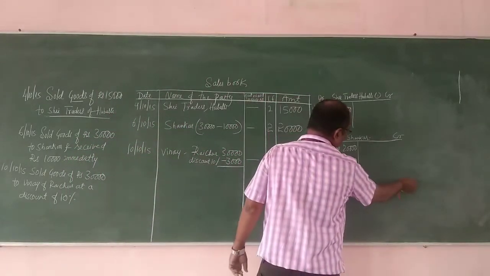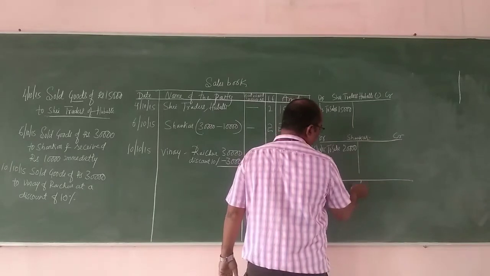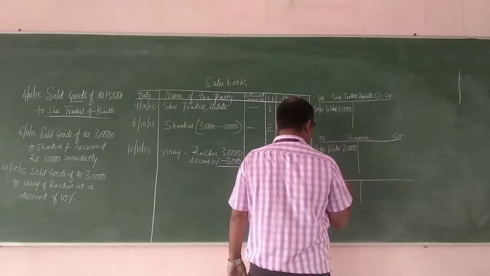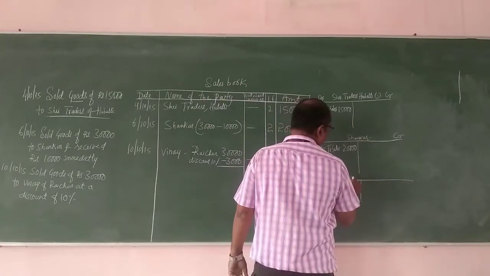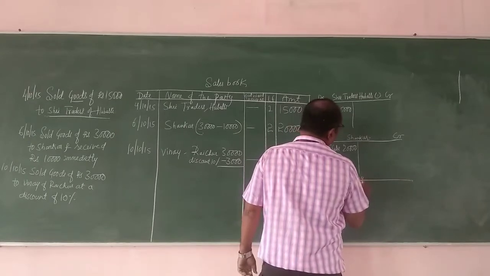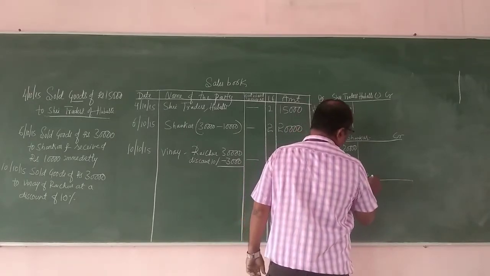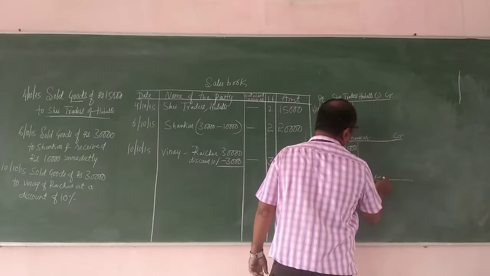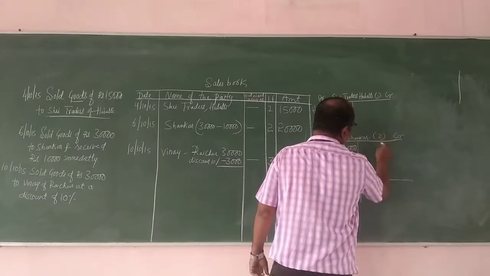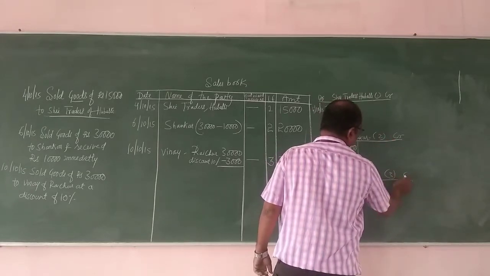So you will create one more ledger in the name of Vinay Raichur. Page number 2, page number 3.